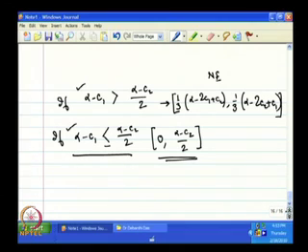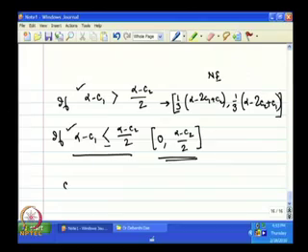Now, what about the second part of the question? If C2 declines, what is the effect on Q1 star, Q2 star? How do they behave?